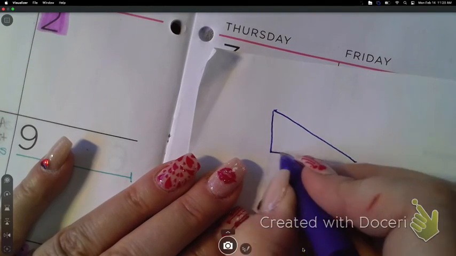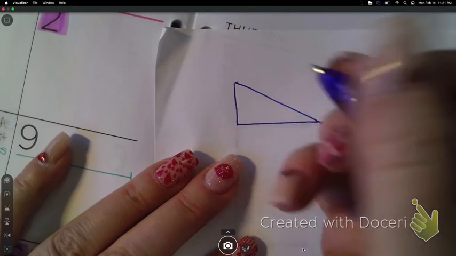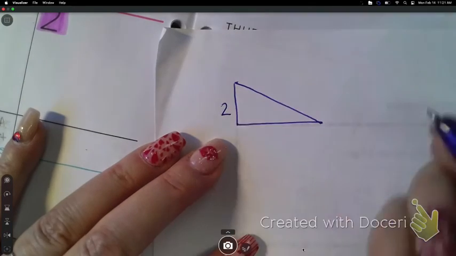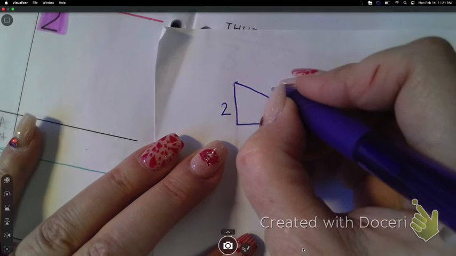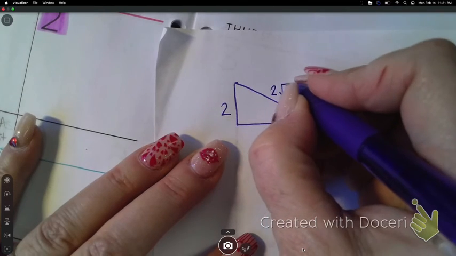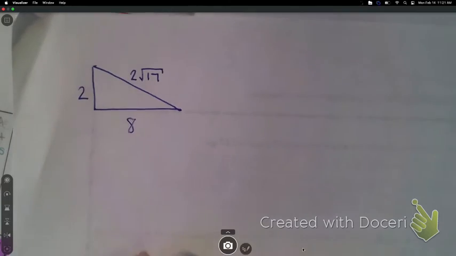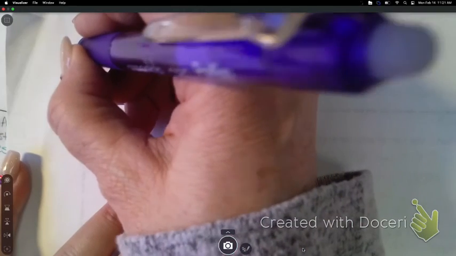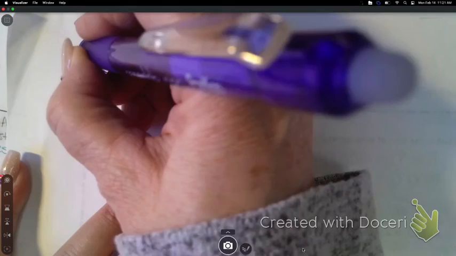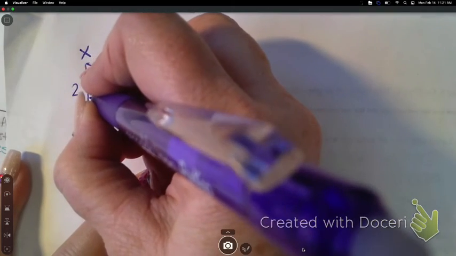On this triangle, this side is 2, this side is 8, and this side is 2 square root of 17. This is angle X, and this is angle Y. Oh, I forgot to tell you, this is a right triangle.